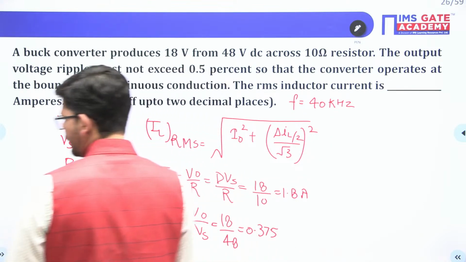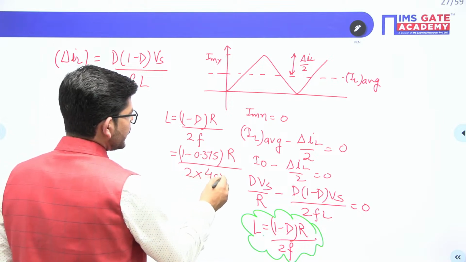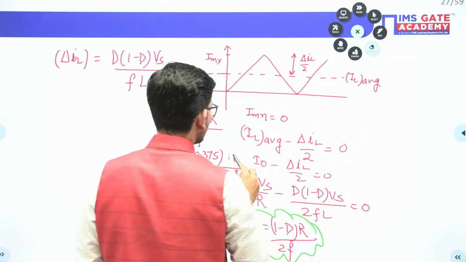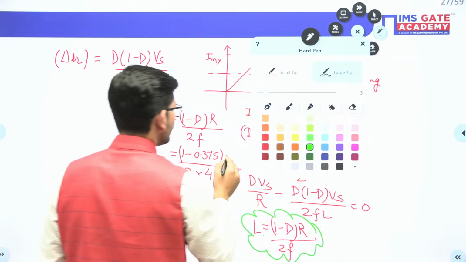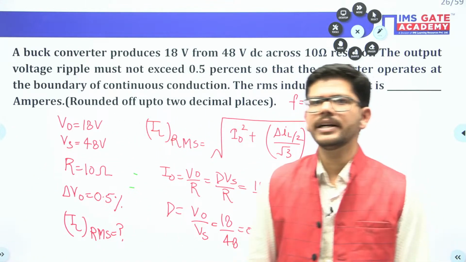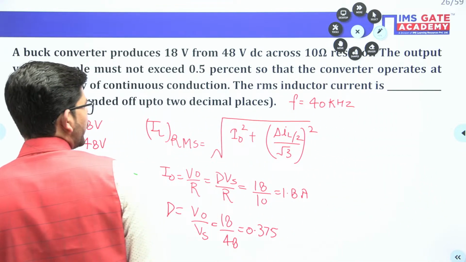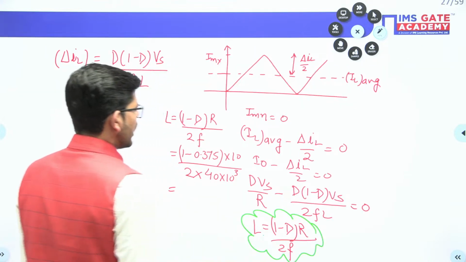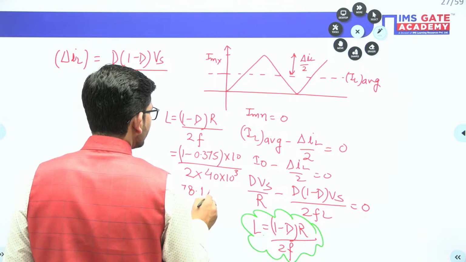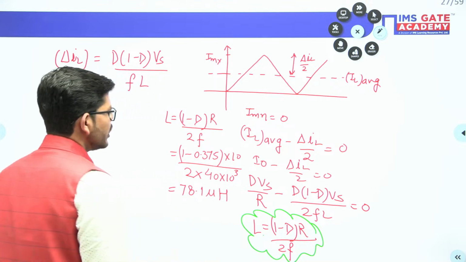So once you put the value of 40 kilohertz and R as 10, the L value that you will get is 78.1 microhenry.